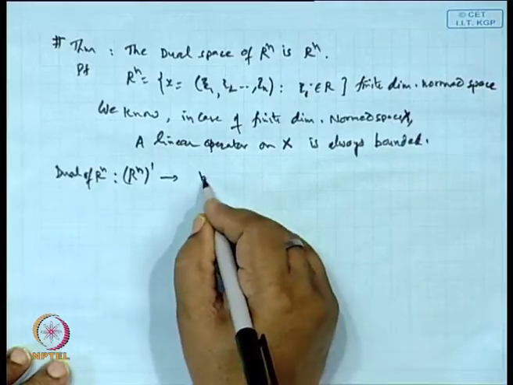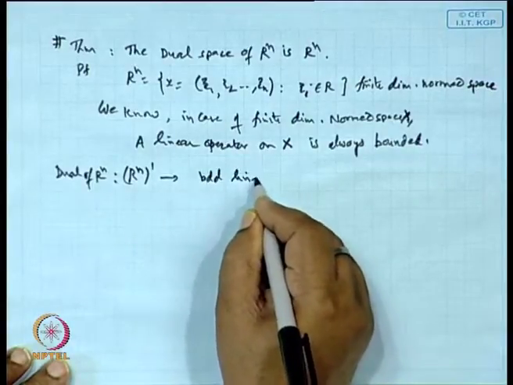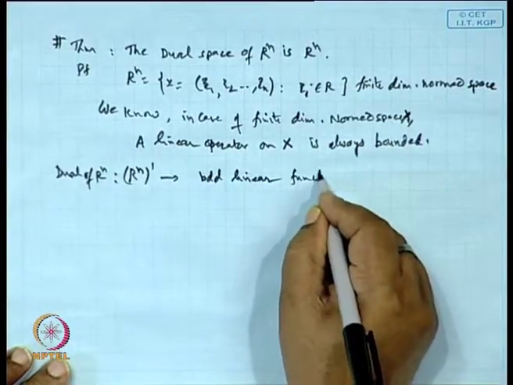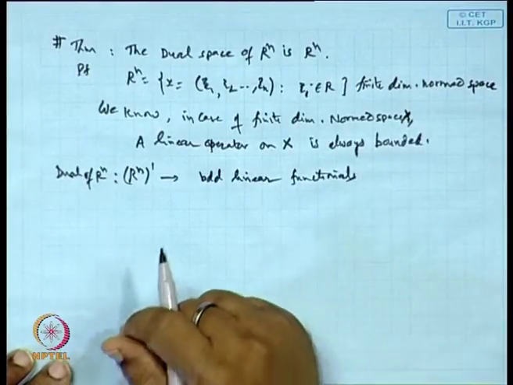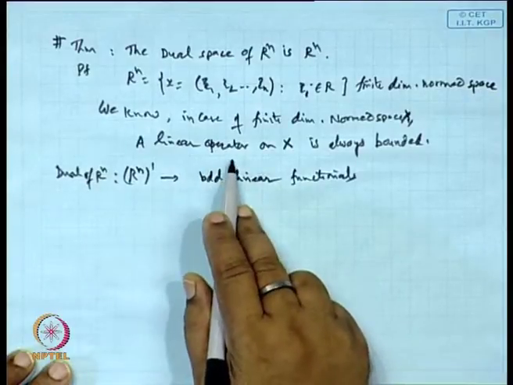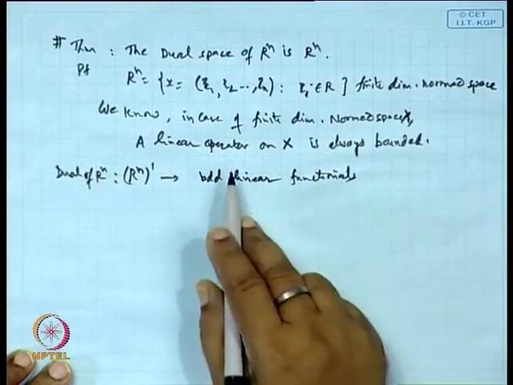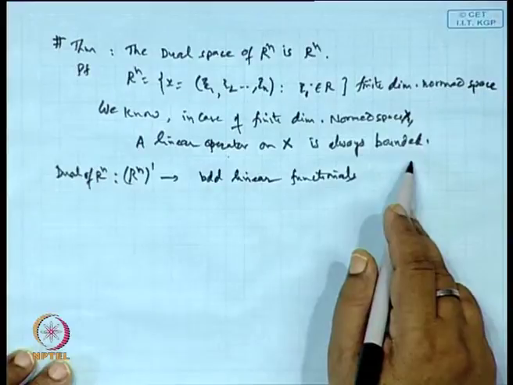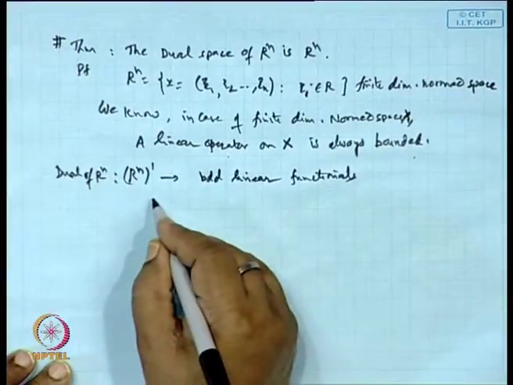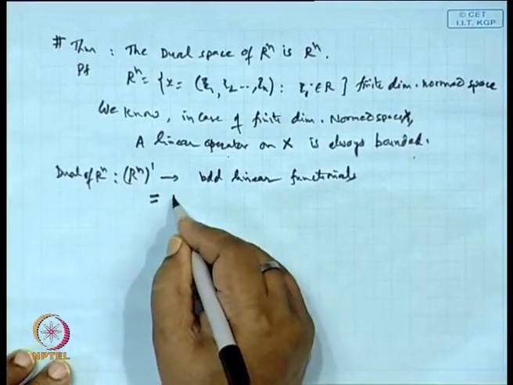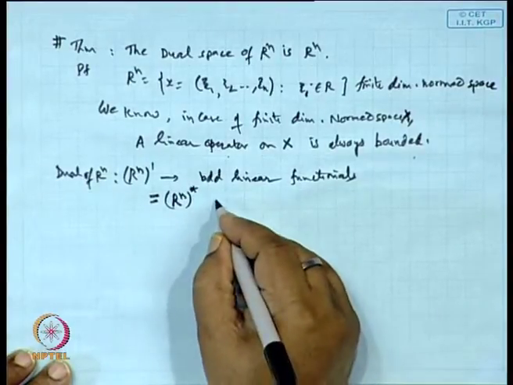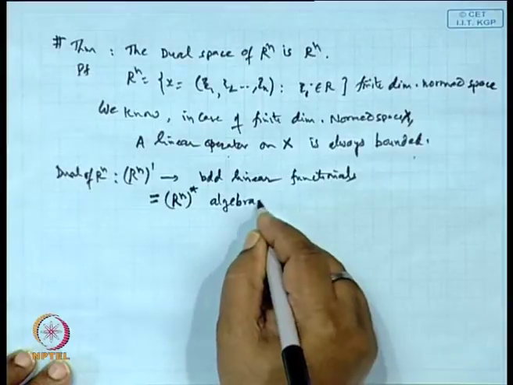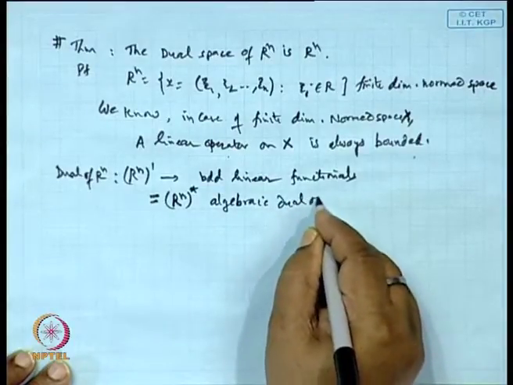This is nothing but the bounded linear functionals. But in case of a finite dimensional space, the linear operator is always bounded. So, will it not be the same as R n star, that is the algebraic dual of R n?